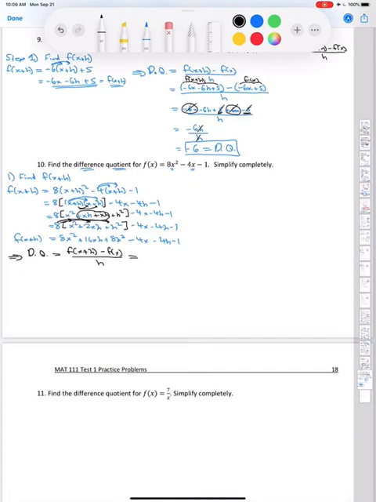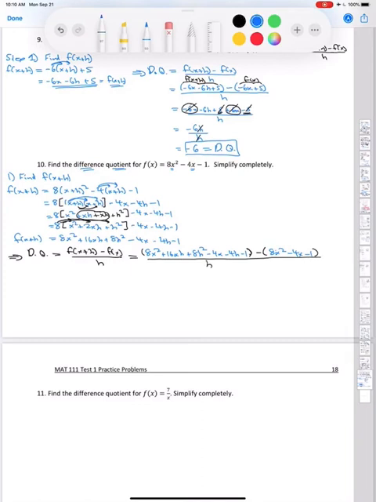So that's equal to, and we'll go ahead and put it in parentheses, f of x plus h, which is 8x squared, plus 16xh, plus 8h squared, minus 4x, minus 4h, minus 1. And then we got to subtract the f of x function that we were given, which is 8x squared minus 4x minus 1. Again, all divided by h.